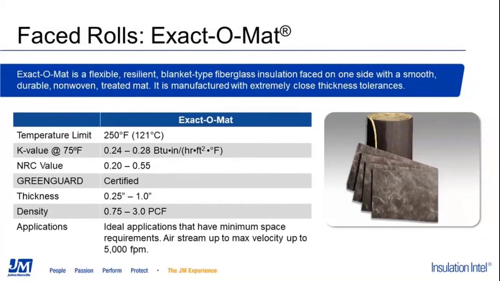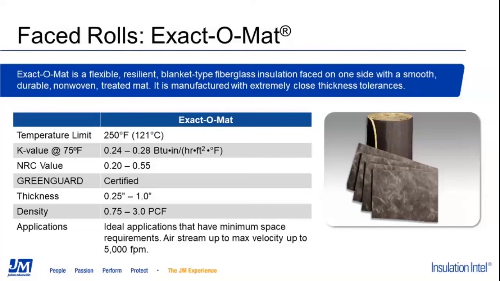Our last product in the face product line is our X-Acto-Mat. This is a flexible, resilient, blanket-type fiberglass insulation faced on one side with a smooth, durable, non-woven treated mat. It is manufactured with extremely close thickness tolerances. In that picture, it is the product that's standing on end with the yellow fiberglass and black facer.